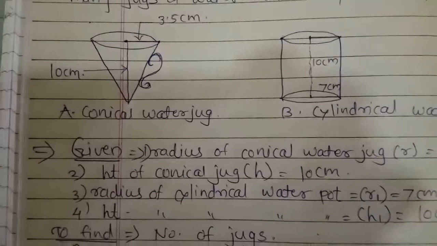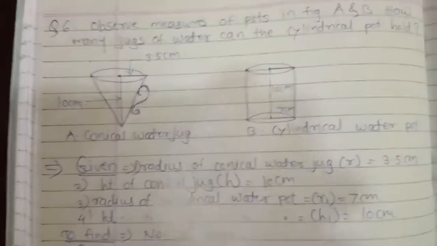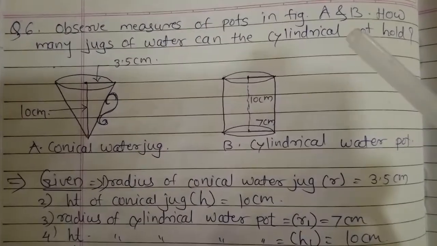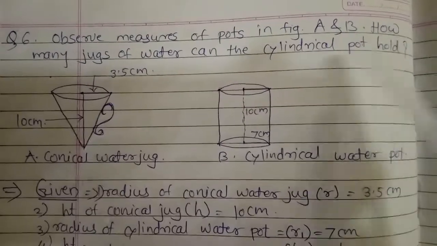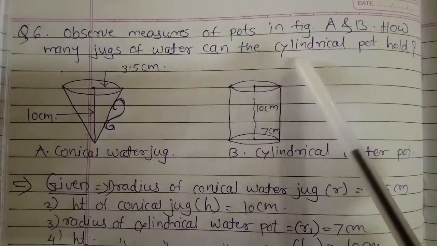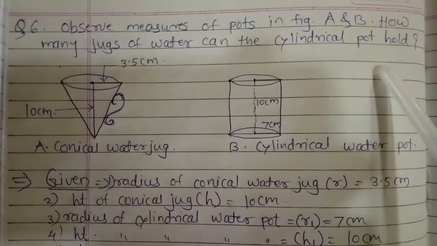The next example is example number 6. Observe the measures of the pots in figure A and B, and how many jugs of water can the cylindrical pot hold?